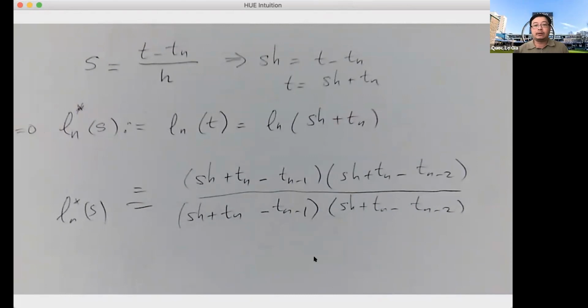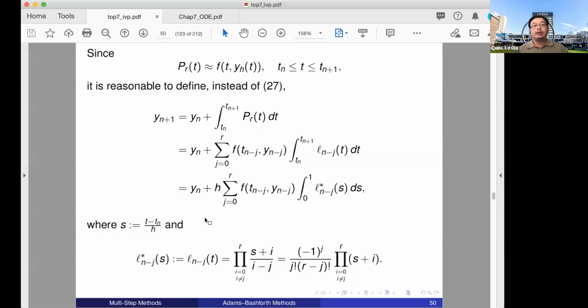So if you go back to the slide, it just explains that L_n(s) can be written in this form. Because we haven't simplified it, but when you simplify it, maybe we do one more step and then you will see this.